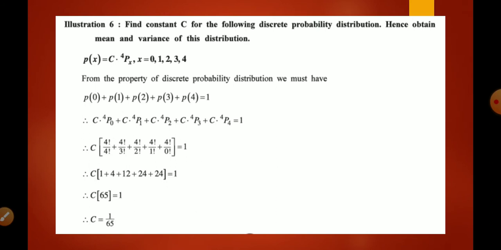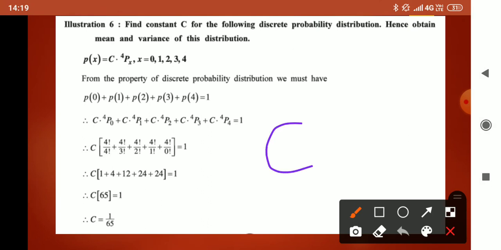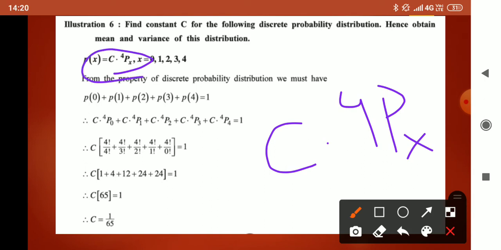Here you have to find the constant C, and then you have to find the mean and variance. I'll tell you the formula of mean and the formula of variance, but before that let us solve how to find C. Here you can see C into 4Px is given. So I have to put the value of x one by one, that is first 0, then 1, then 2, then 3 and then 4.